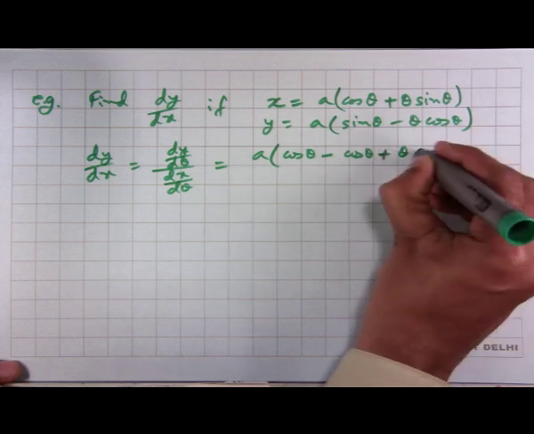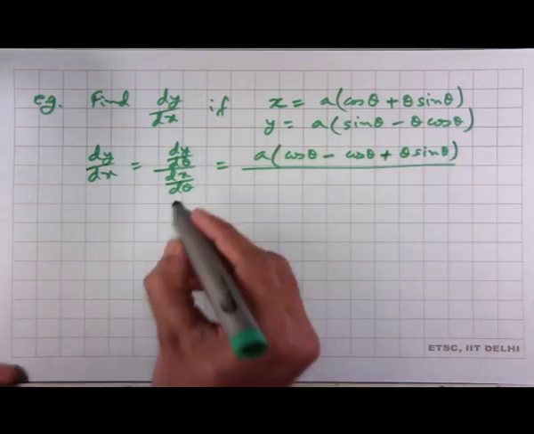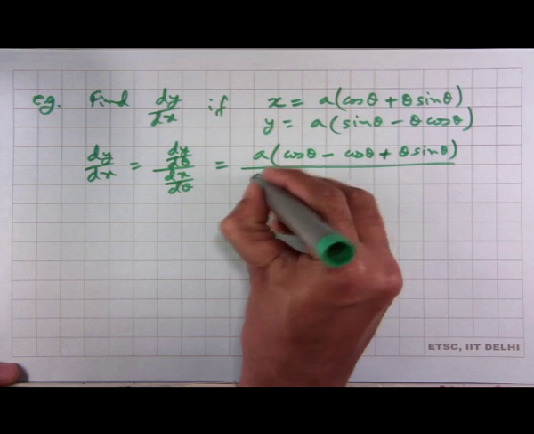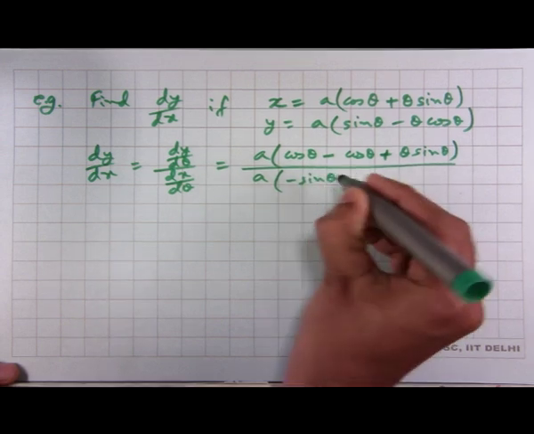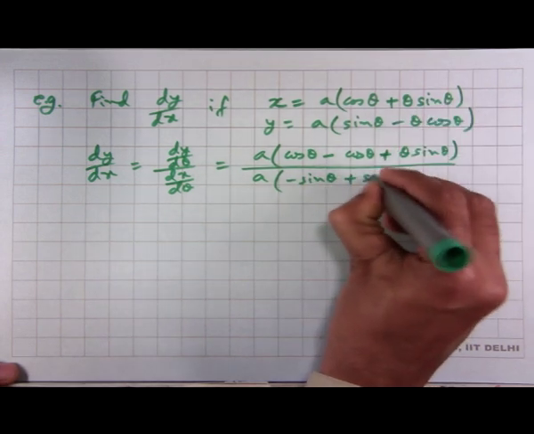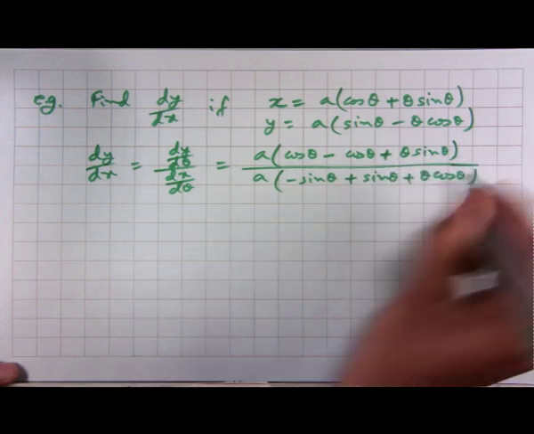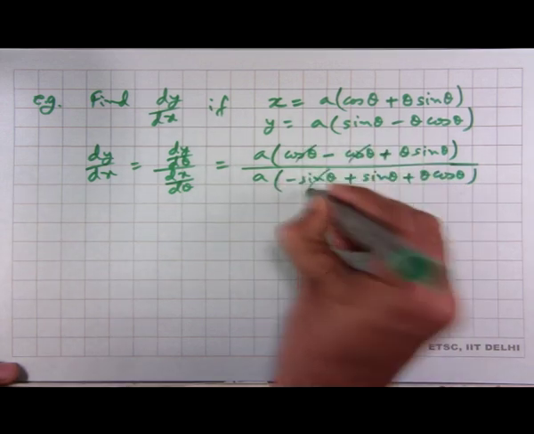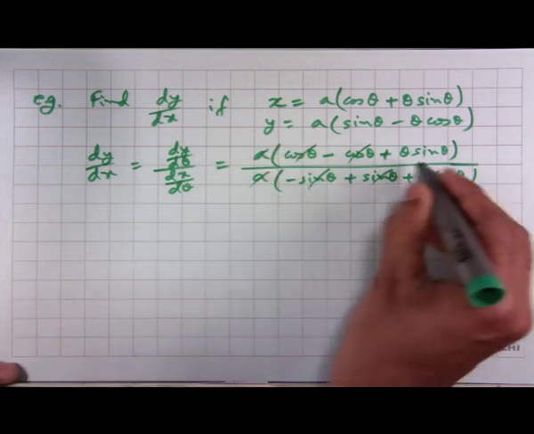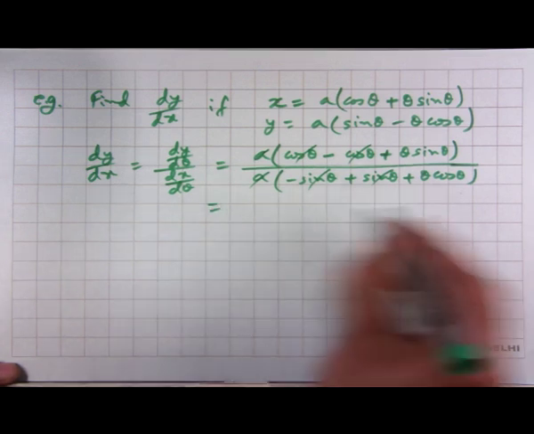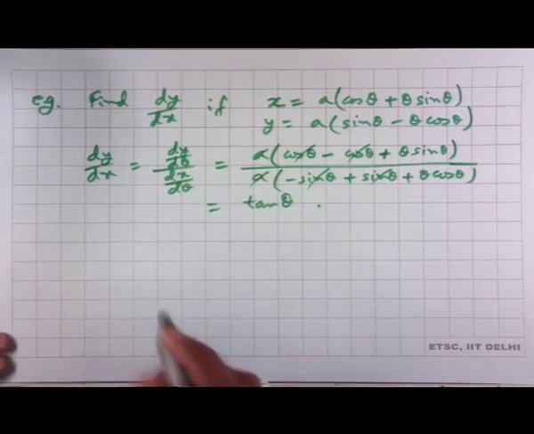So, this becomes plus theta sin theta, and the derivative of x with respect to theta gives a times minus sin theta plus sin theta plus theta cos theta. So, here cos theta cancels and sin theta cancels and a cancels. So, this is equal to just tan theta.